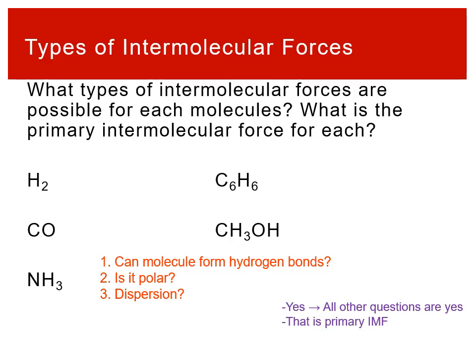So a molecule that can form hydrogen bonds is also polar, and it can do dispersion. Also importantly, this is the order of strength. Hydrogen bonds are the strongest, then dipole-dipole, then dispersion. So that tells you what the primary intermolecular force is.